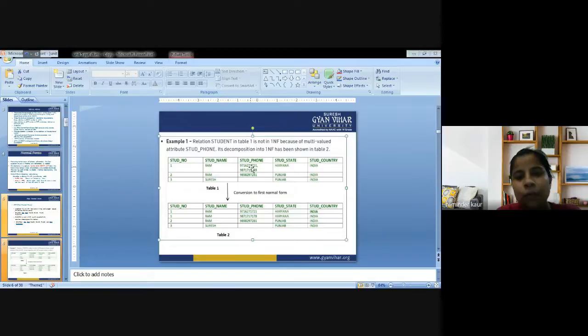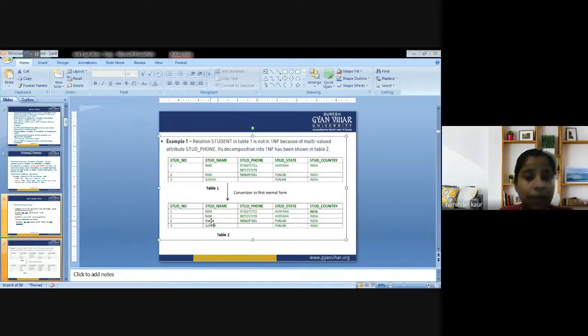So it could be a multi-valued attribute. State could be this, and country could be this. Now, if I convert the same into four tuples, then it could satisfy the condition of the first normal form. So this is how first normal form actually works.